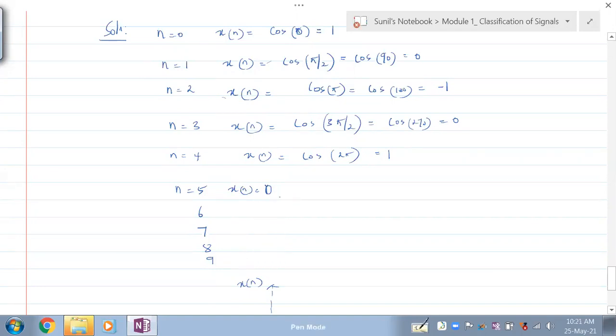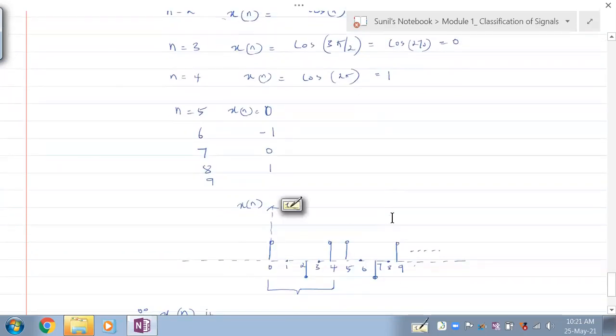So at n equal to 6, it would be minus 1. Then at 7, it is 0. At 8, it is 1. So here itself it has started repeating.